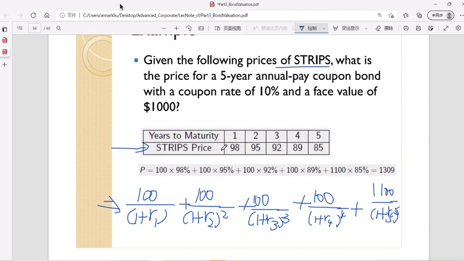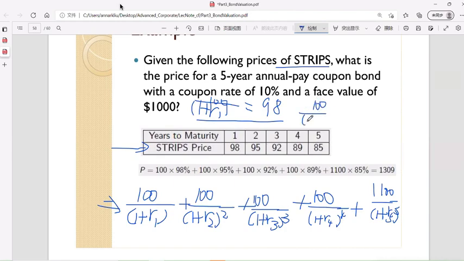That tells us 1 plus R to the power 1, 100 divided by this, because it's quoted in percentage, is 98. Do you see that? We already know that.